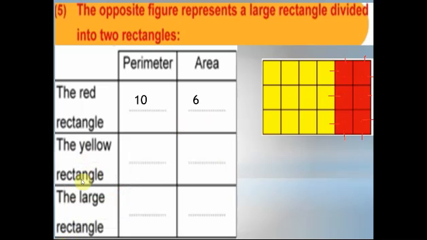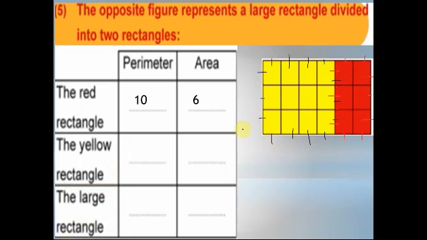What about the yellow rectangle? We will also count the outer line for the perimeter. So here it is 1, 2, 3, up to 14.